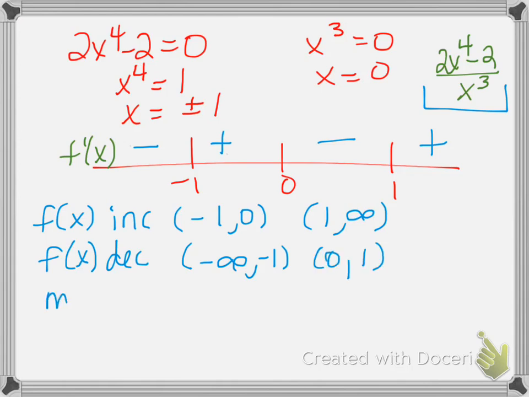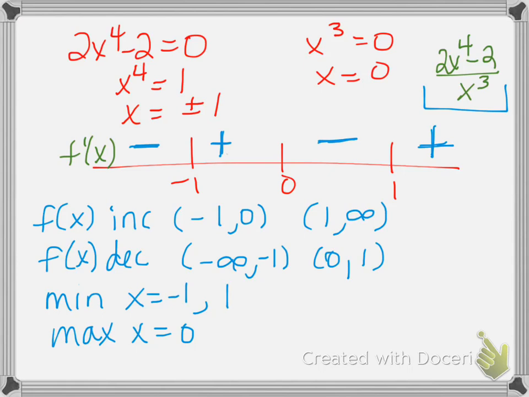I can tell that there would be a minimum at x equals -1 and x equals +1 because we're going from negative to positive around it, and that means decreasing to increasing. It looks like there's a maximum at x equals 0 because f of x changes from positive to negative.